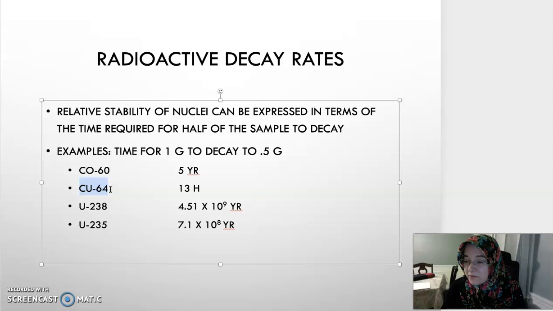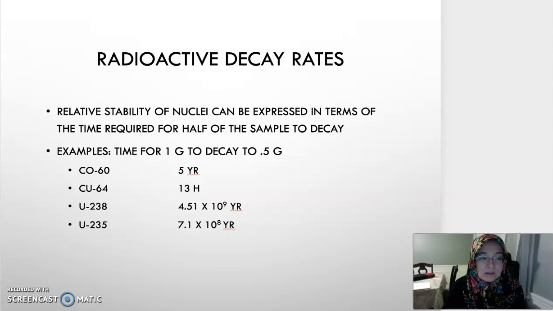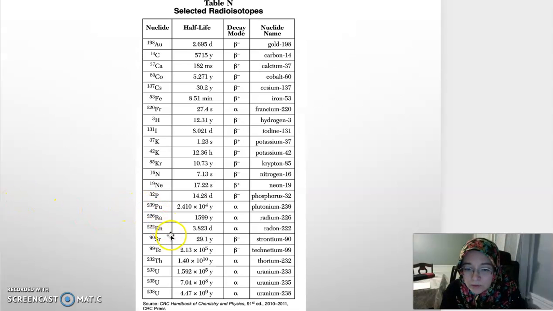Copper-64 is a radioactive element. If you take 1 gram of copper and wait 13 hours, you may end up with 0.5 gram of copper-64, because it is going to decay. Let's check what type of decay it goes through. Where's copper here? Oh, there's no copper here.